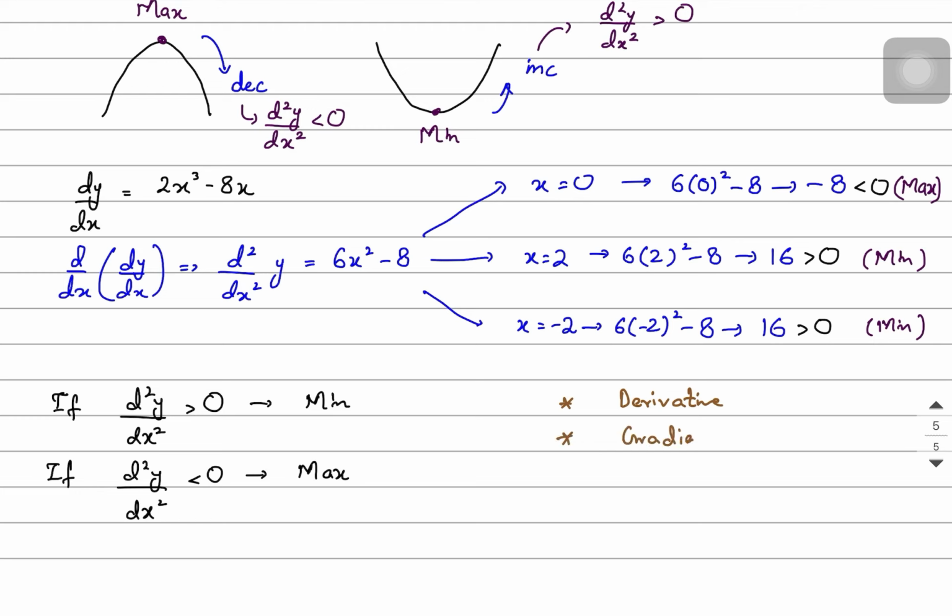Then we have gradients of curve or tangent. Then we have the turning and the stationary points. And finally we have the nature of stationary points. So that is the whole complete topic of differentiation.